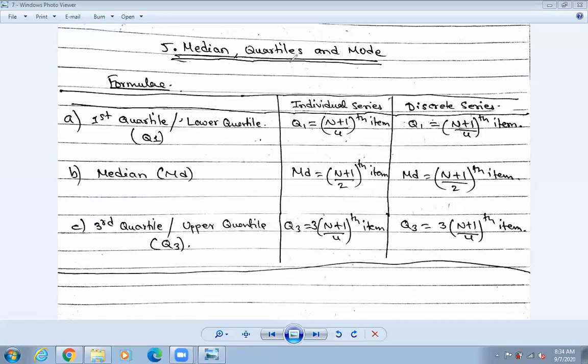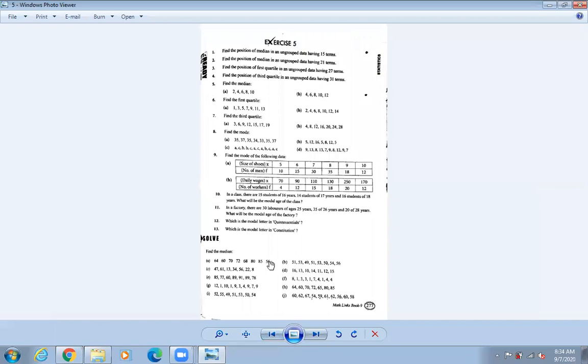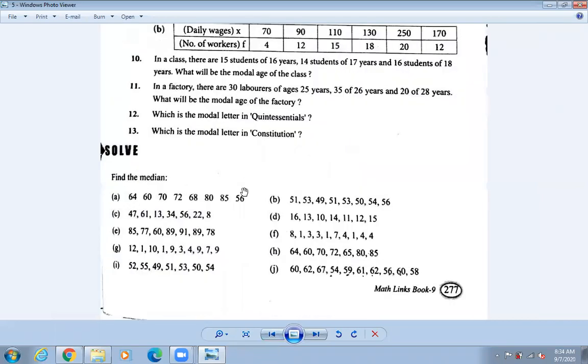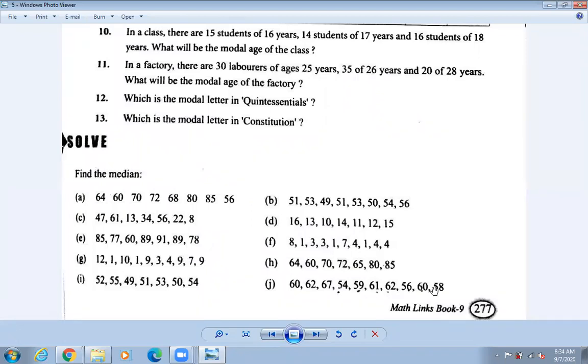Now let me see what the question is over here. We'll start from solve, page number 277. Find the median. What is the formula of median? n plus 1 by 4 is the Q1 formula.